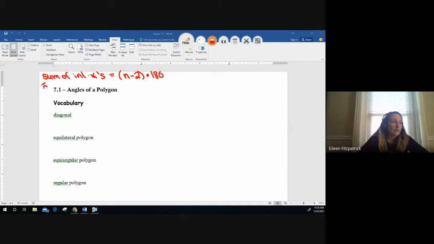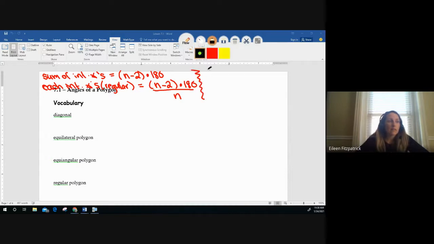And then each interior angle, and this is only for a regular polygon, I'll write regular in parentheses. If I'm looking for each, then I do n minus 2 times 180 divided by n. All right, so that's for the interior angles.